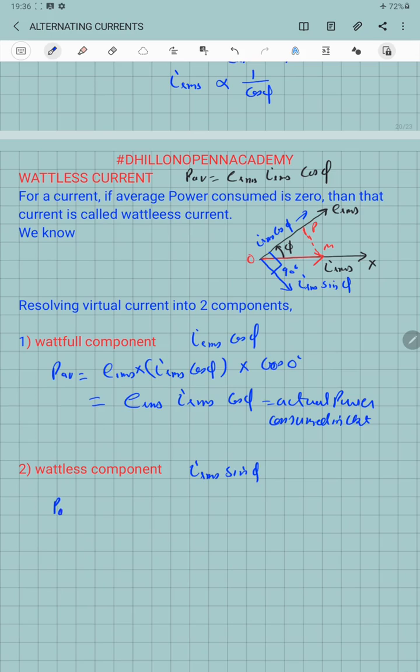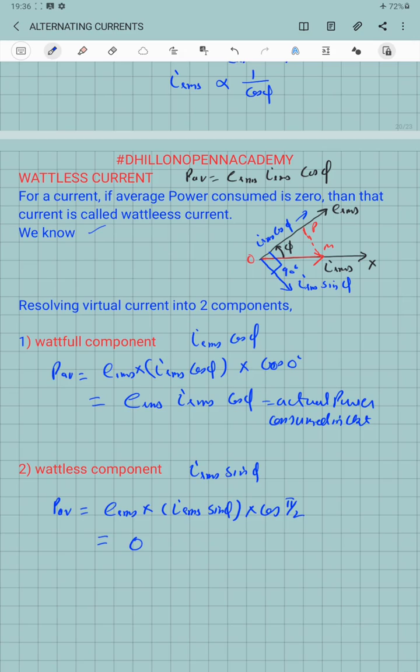So power consumed for this component of current will be ERMS into IRMS sin phi into cos of the angle between ERMS and IRMS sin phi, which is pi by 2. Cos pi by 2 is 0, so average power consumed is equal to 0. So for a current, if average power consumed is 0, then that current is called wattless current, or it is also called the ideal current.